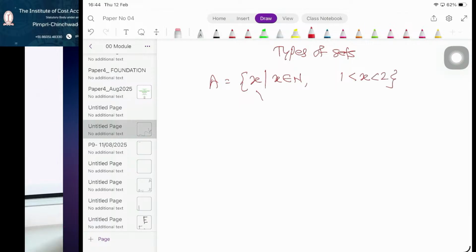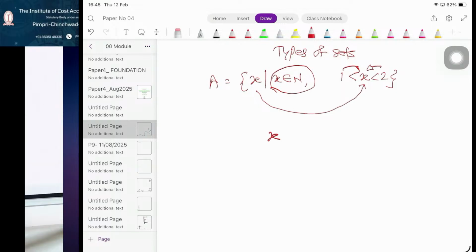What is the limit they have mentioned? X should be greater than 1 and less than 2. There are so many numbers, 1.1, 1.2, 1.3, 1.4. But you have mentioned here X must be a natural number.